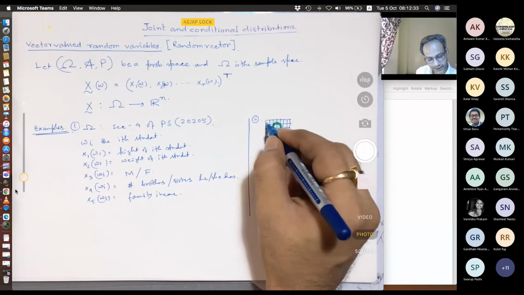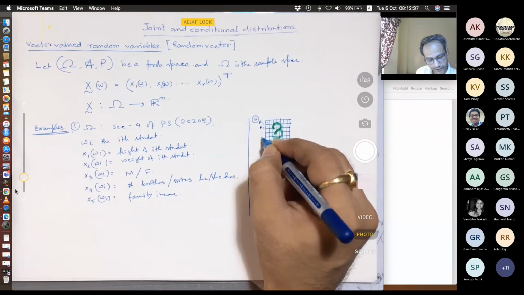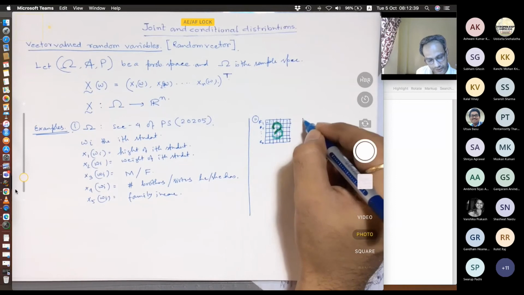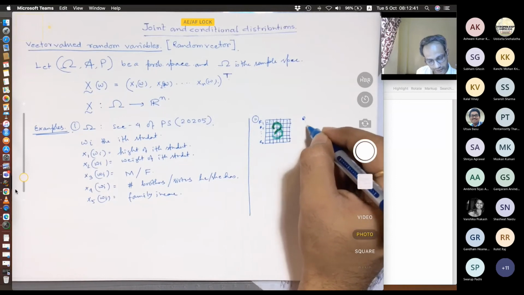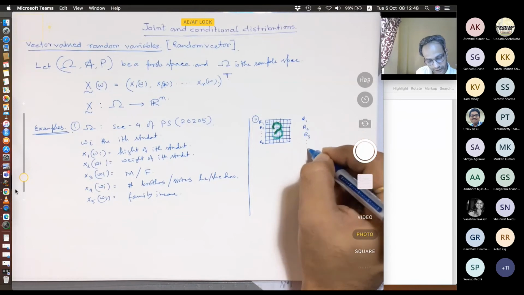So you can stack row 1, row 2, up to row n: first you write row 1 as a column, then row 2 as a column, row 3 as a column, up to row n.